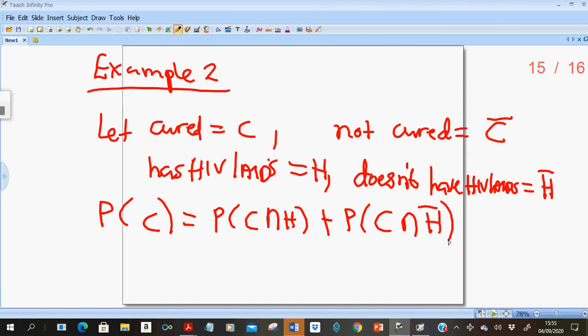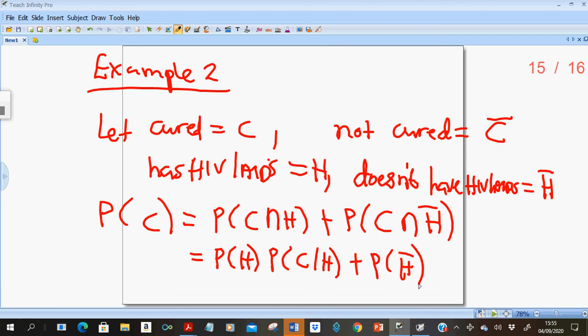But the probability of C intersection H is just the same as the probability of H multiplied by the probability of C given H, plus the probability of not having AIDS multiplied by C given not having.